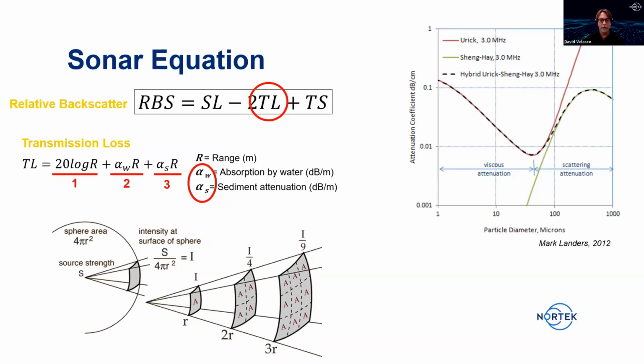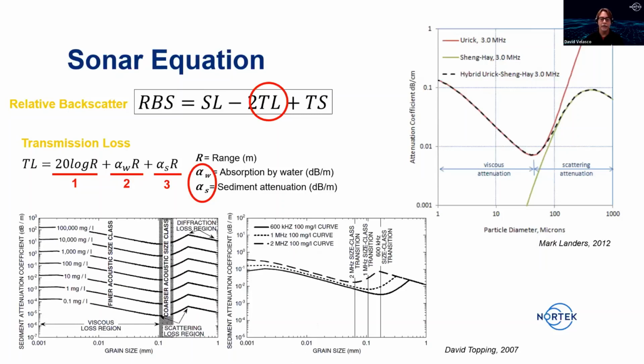And to expand on this, here I have a paper by David Topping, again, who will be presenting in a short while. Here I'm showing the attenuation coefficient curves calculated for different concentrations on the left here, and showing a similar pattern to what we see on the graph on the top right.